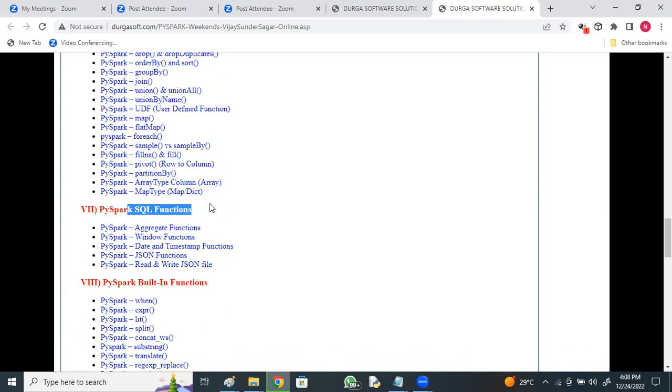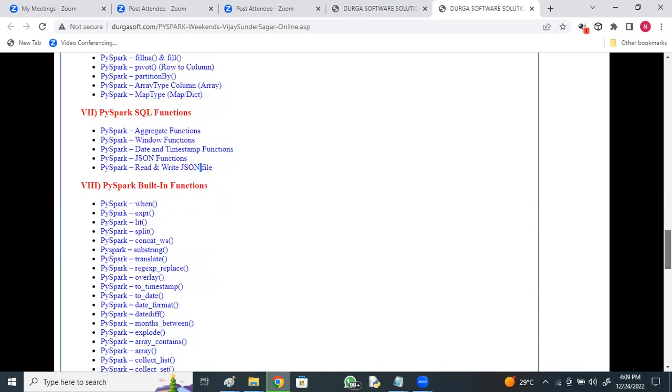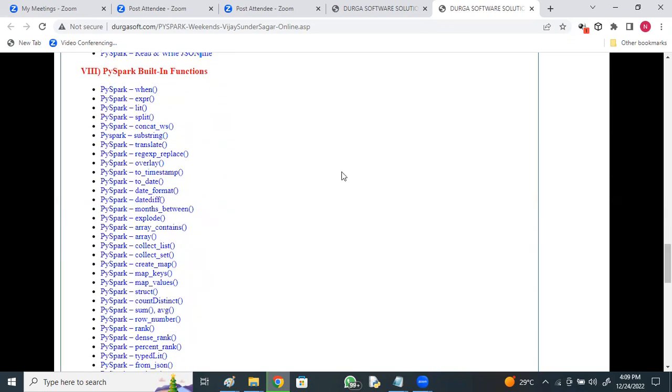And PySpark SQL functions are available, especially aggregate functions, window functions, date and timestamp related functions, and JSON functions, right? Read and write into JSON files. And PySpark built-in functions: when, expr, lit, split, concat, substring, translate, all look simple, right?